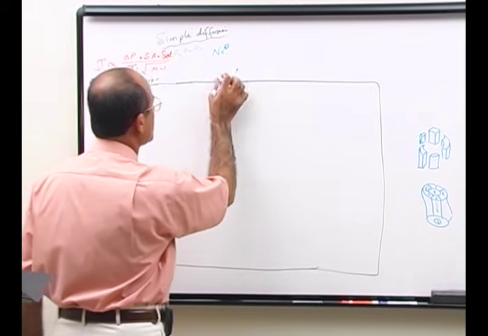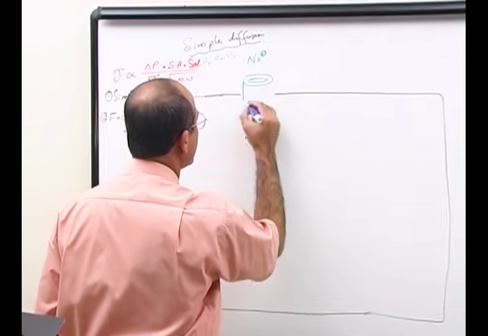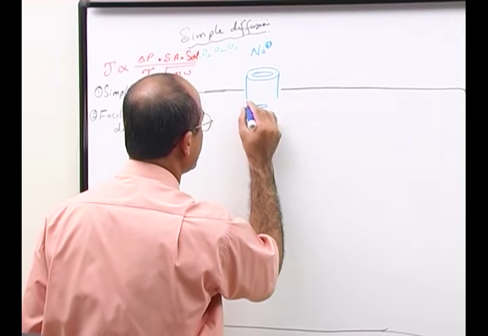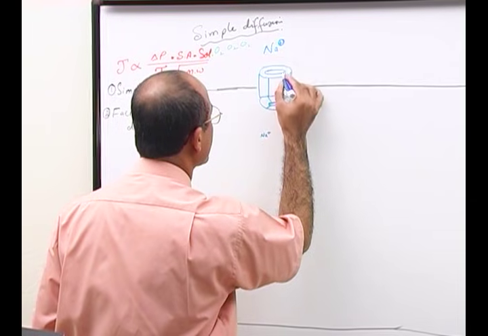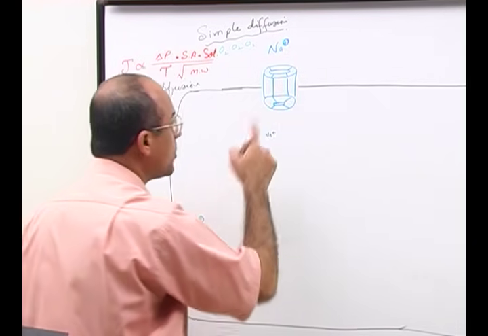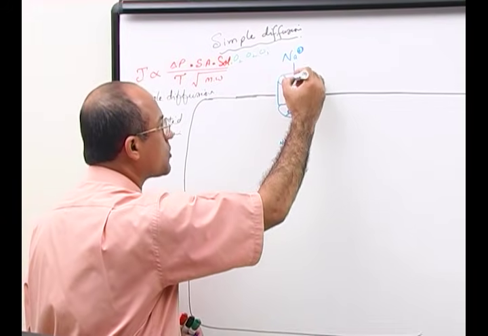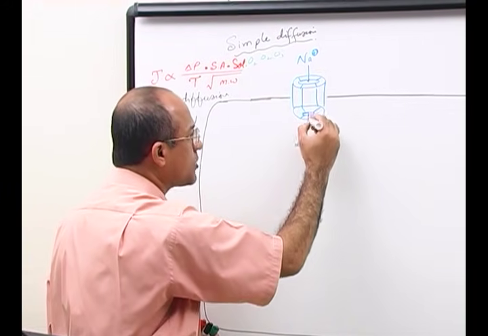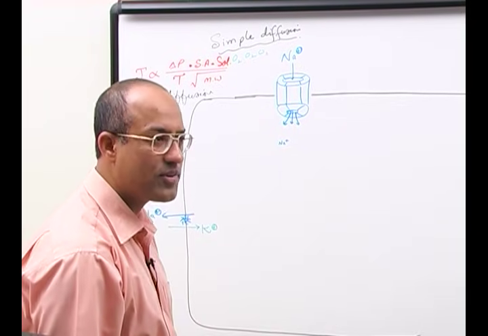Now let's suppose we put here a sodium channel. Now, in this sodium channel, what is happening? It will allow the movement of sodium from the extracellular environment to the intracellular environment. Is that right?